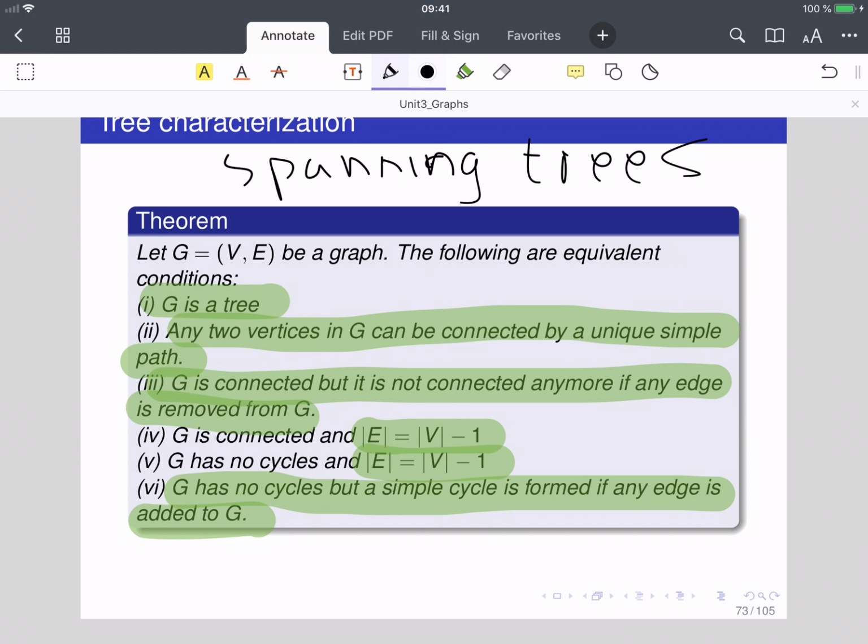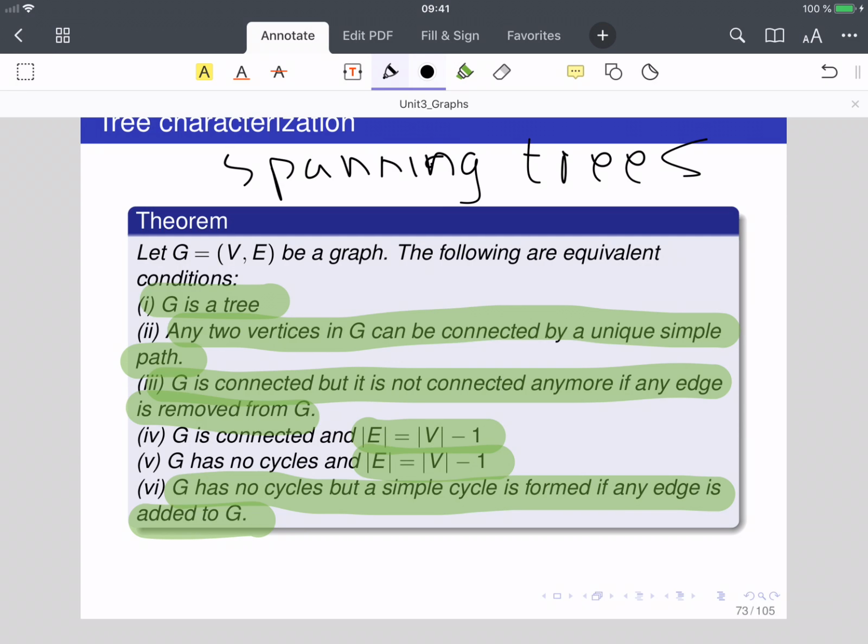This is important in several different situations, and it's also important to find the tree which has less cost, for instance, less length of the cables, or less distance between different nodes. These are what we call the minimum spanning trees.